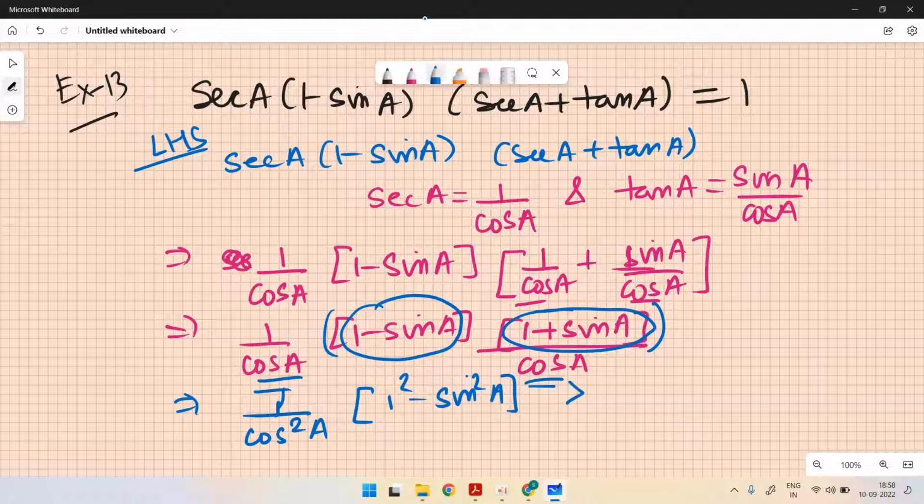So this is 1 by cos square A, and you know that this is nothing but 1 minus sine square A.